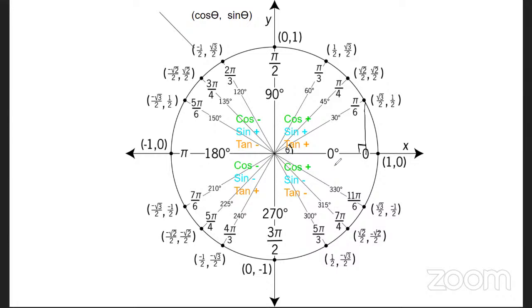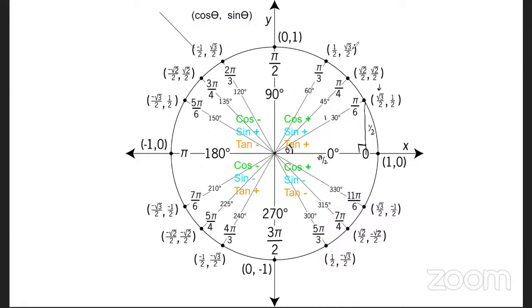Our x value, or a value, is going to be this right here, radical 3 over 2, and our y value is 1/2. And remember, on a unit circle, every single radius, from the center to the edge of the circle, has a value of 1. So it's going to look something like that.